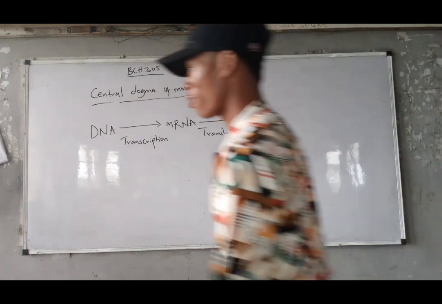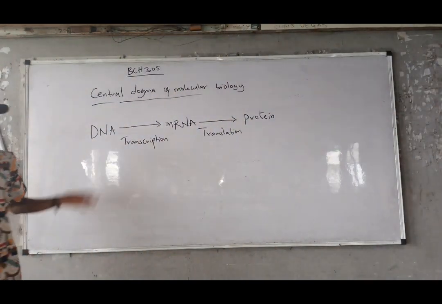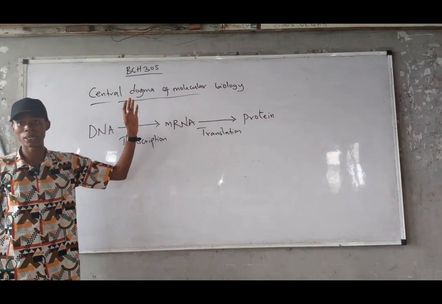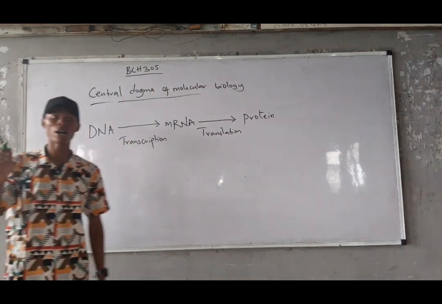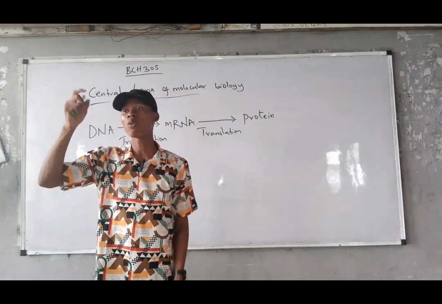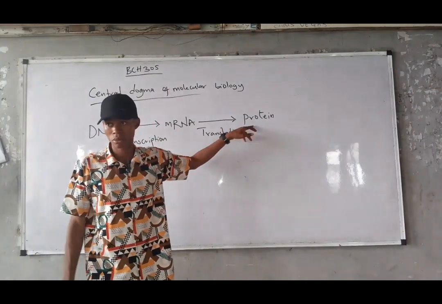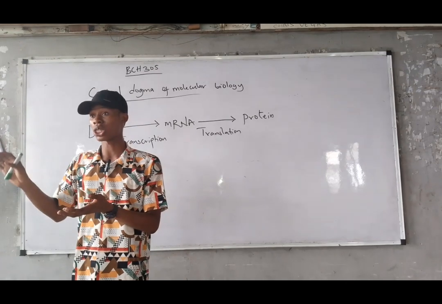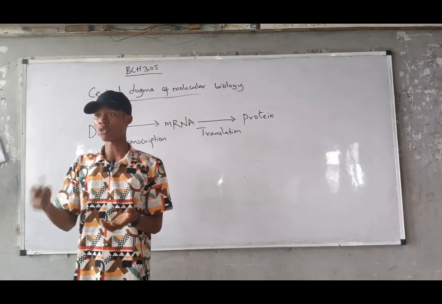Alright, as we were saying before the interruption came in. Now, central dogma of molecular biology. Are we together? Now, the central dogma of molecular biology, take it this way. We want to synthesize protein. When we mention protein, don't only limit yourself to dietary proteins like the proteins you get from your meal.